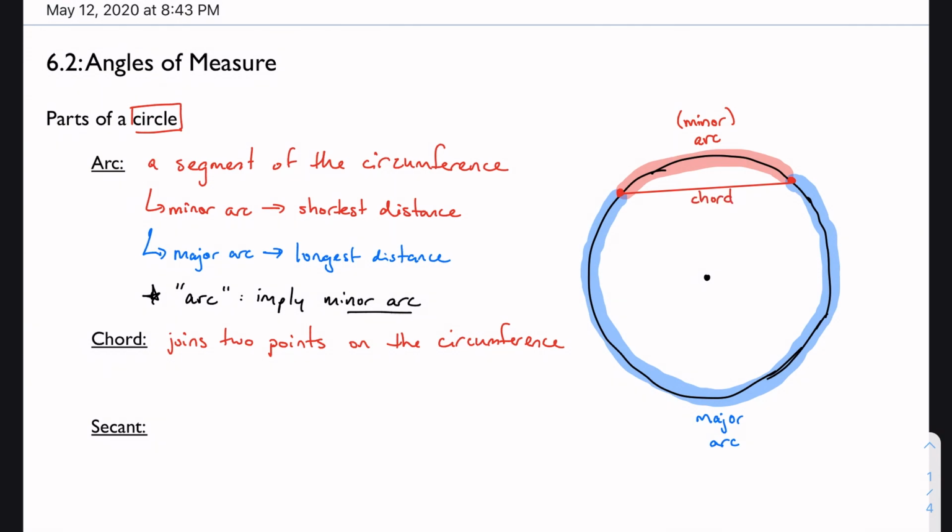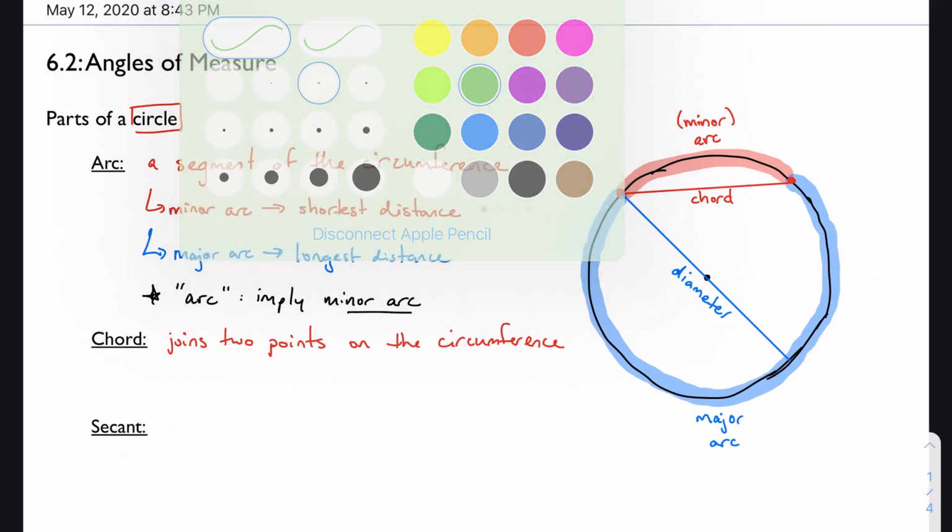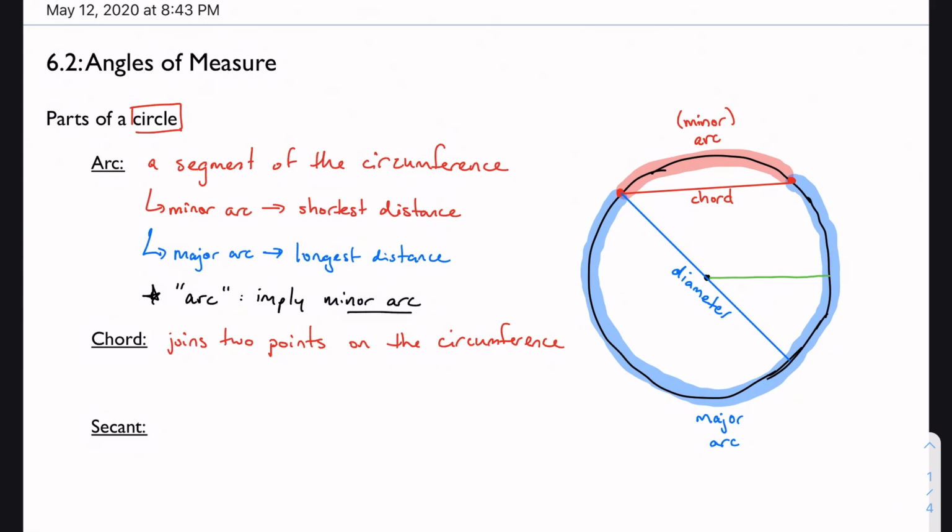And we have special types of chords, specifically if they also pass through the center of the circle. And this would be called, well, we know this is the diameter. I'll write it this way. And then before I move on, of course, we just know that half of the diameter, from the center to a point, is the radius.